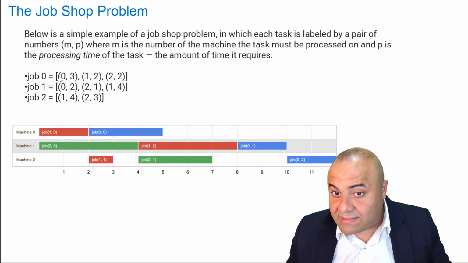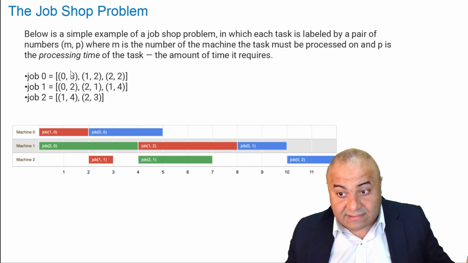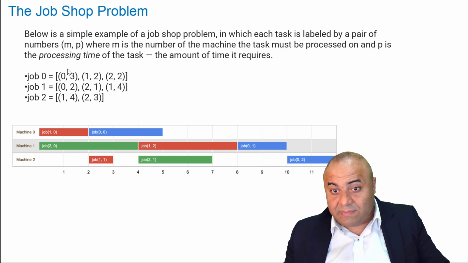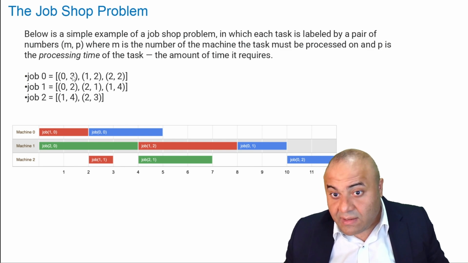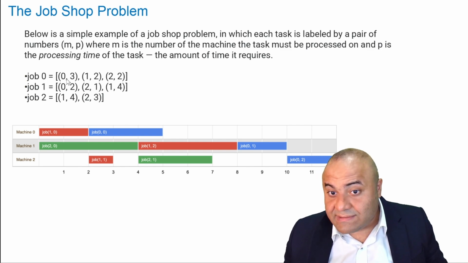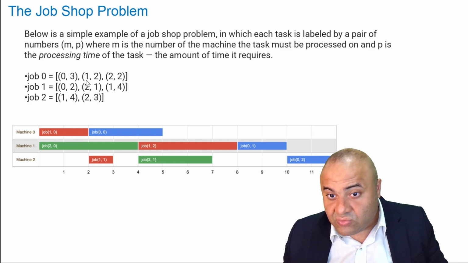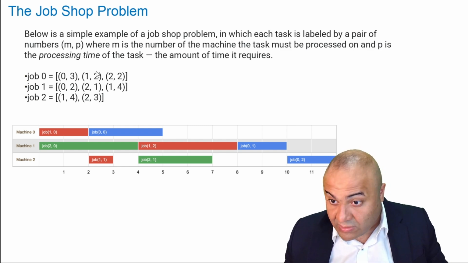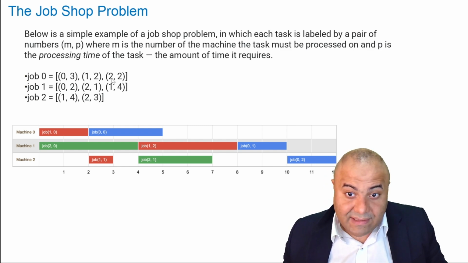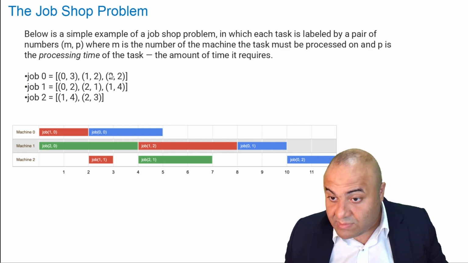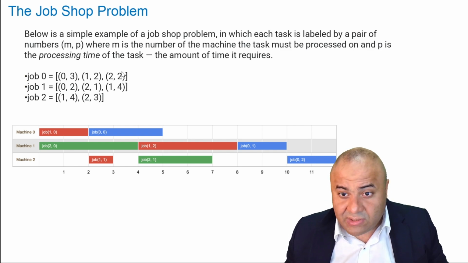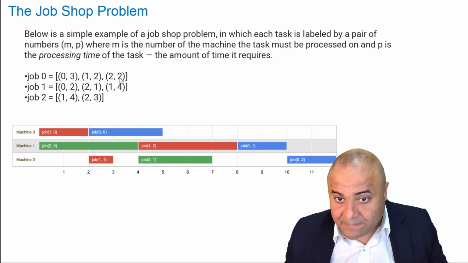So the first task has to be performed on machine 0, and the duration that this task will take on machine 0 is 3 hours. After that, the job is to be processed on machine 1 for 2 hours, and lastly it will have to be processed on machine 2 for 2 hours.